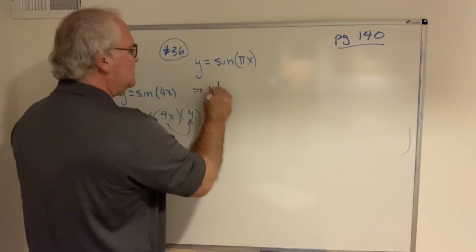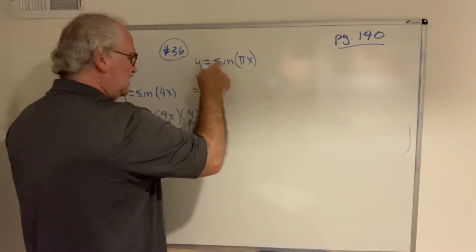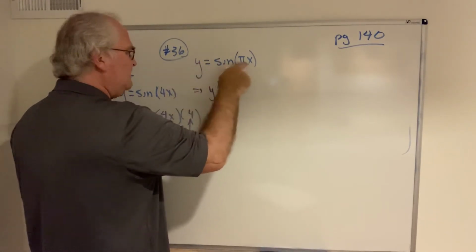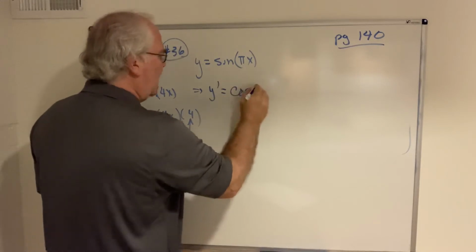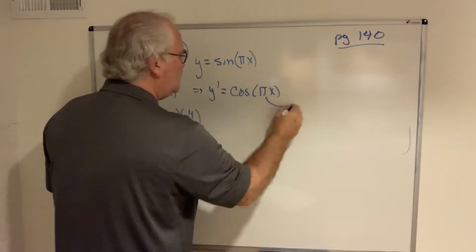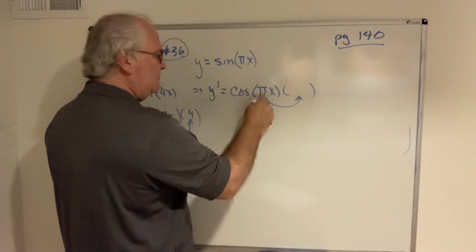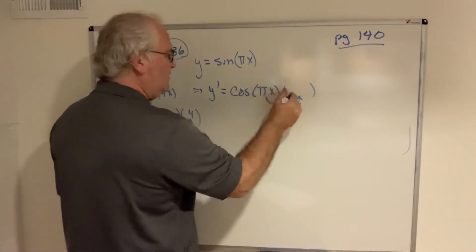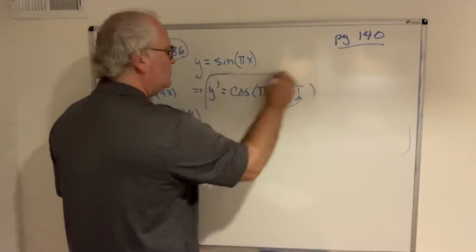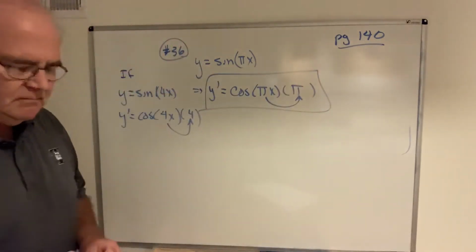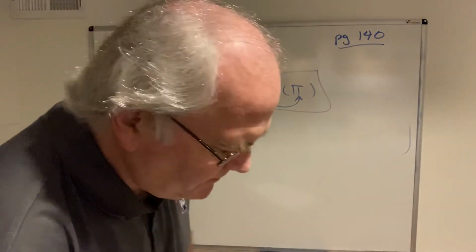So the derivative is, work from the outside in, derivative of sine of something is cosine of the something times the derivative of the something. But the derivative of the something times x is just that coefficient. All right? So that's all there is to that.